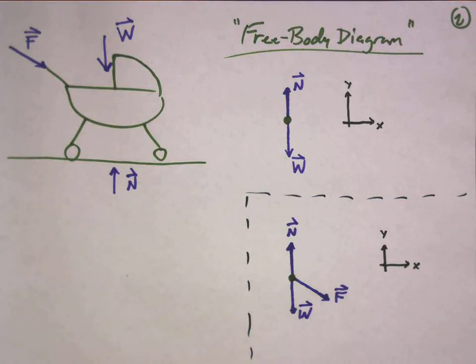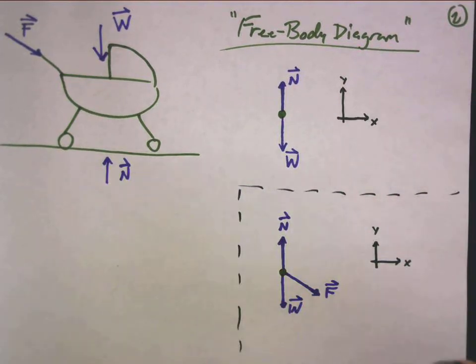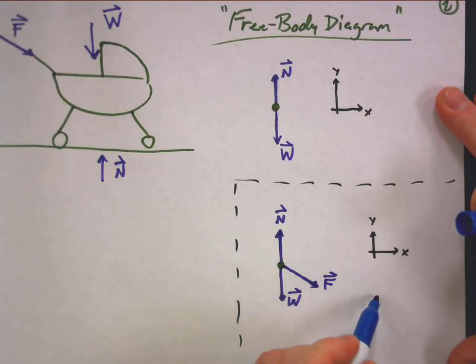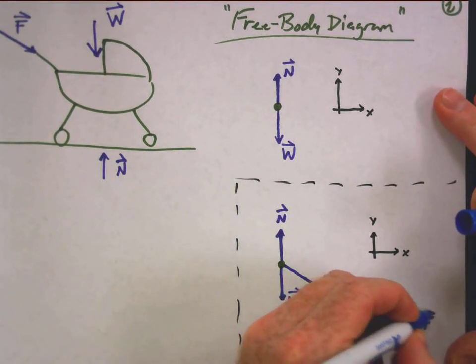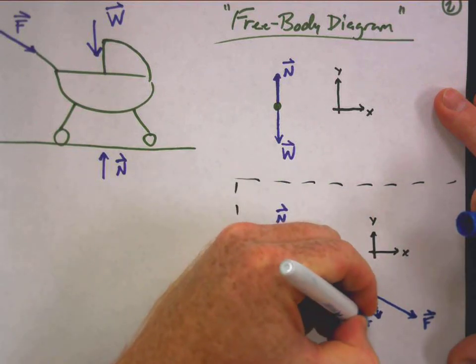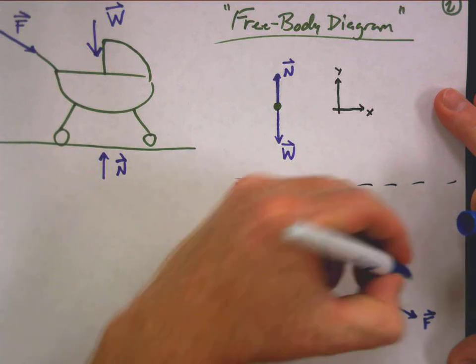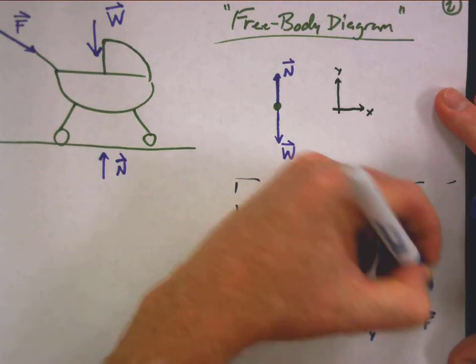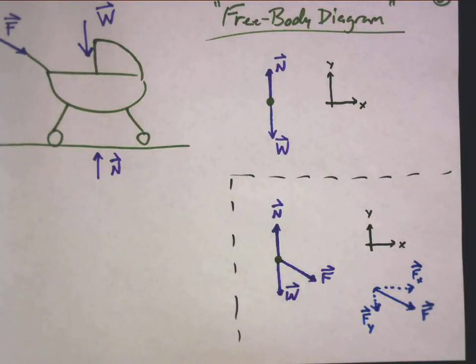And so you might do something like this. In fact, you should do something like this, but then separately off to the side, let me go to a different color here. I'll try blue. Off to the side, what you can do is say, well, I'm going to break up that applied force F. So I duplicate that force F, and this is now F in the Y direction, and this is now F in the X direction, and that is breaking it up into the components.